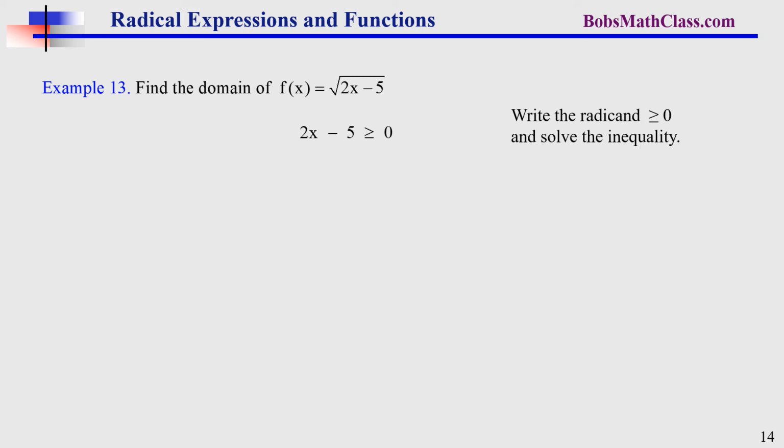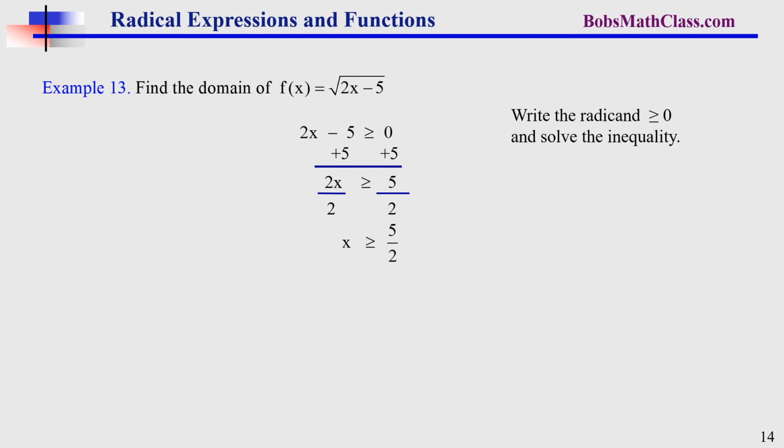Now get x by itself. How would we get x by itself? Right, add 5 to both sides. So that gives us 2x is greater than or equal to 5, and then divide by 2 on both sides. So that gives us x is greater than or equal to 5 halves.